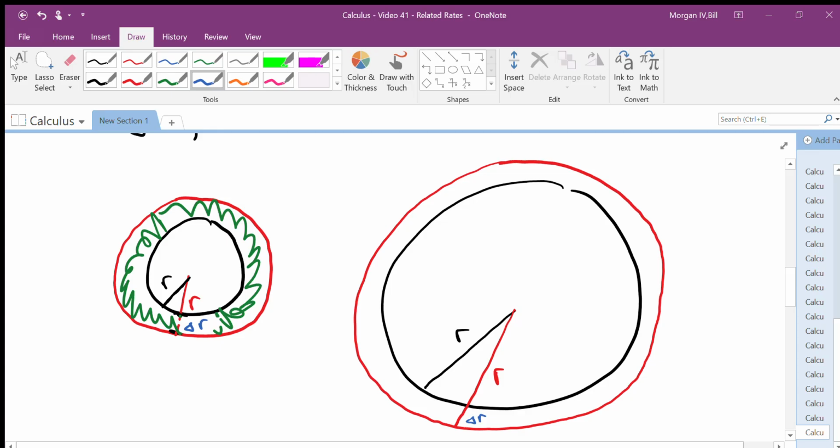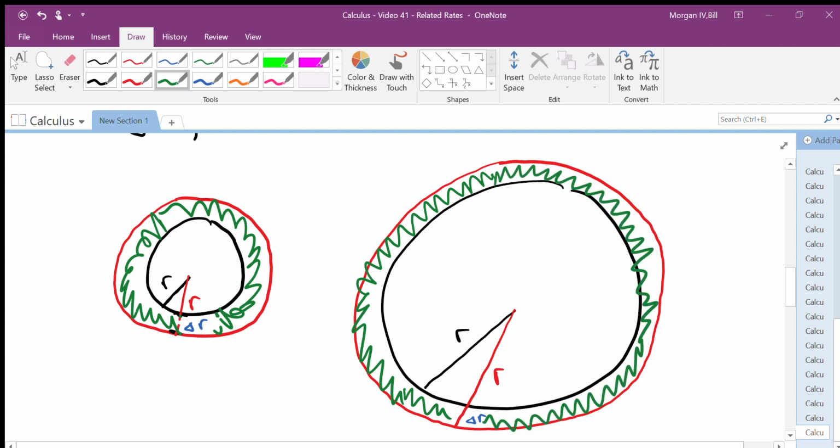However, look at the area in green here. Even though the delta r is the same, even though the radius changed by the same amount, the amount that the area changed is quite a bit more on the right-hand side than it is on the left-hand side.